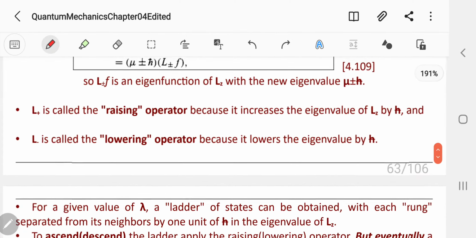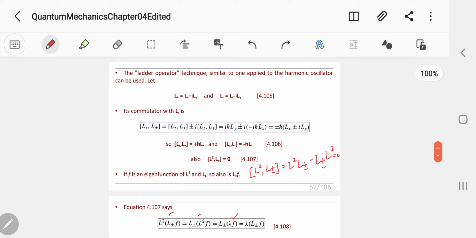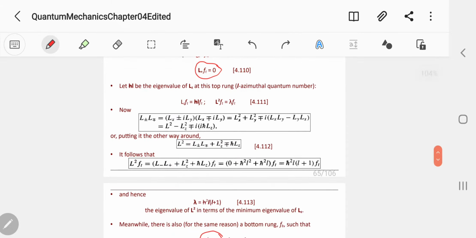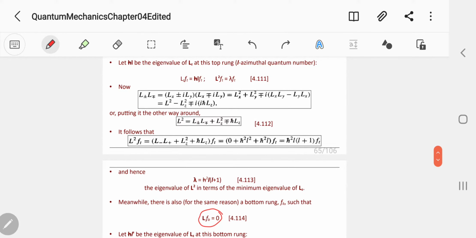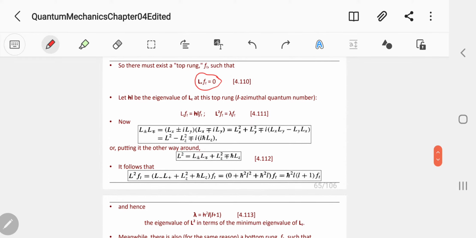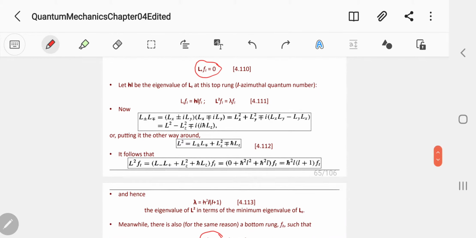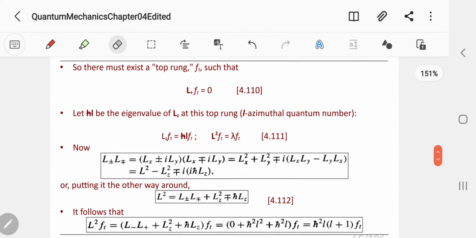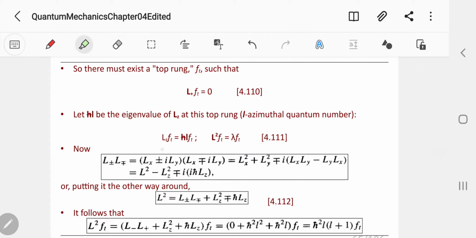So this should be your top rung Lz. So here you have this one, and of course L square, if you operate that on the f top, will just give you lambda.